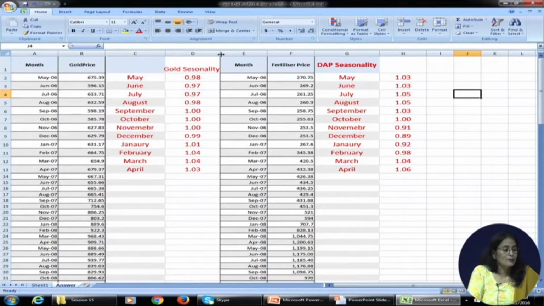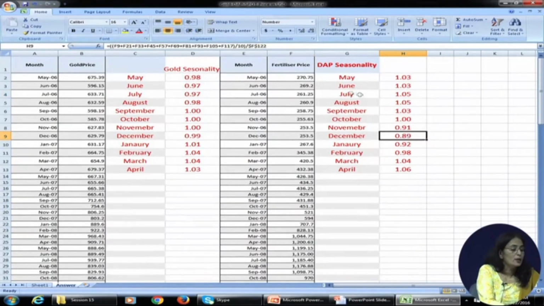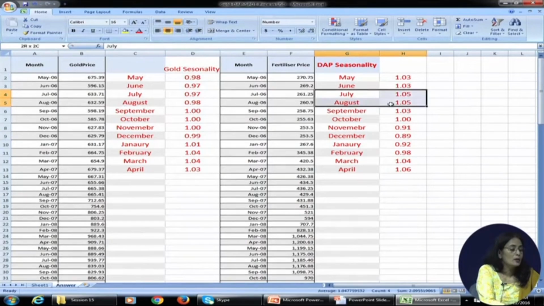Now let's come to the DAP seasonality. Let's identify the month having the lowest price, that is December. December has the value of 0.89. And which one is the highest month? July and August have the highest value of 1.05.